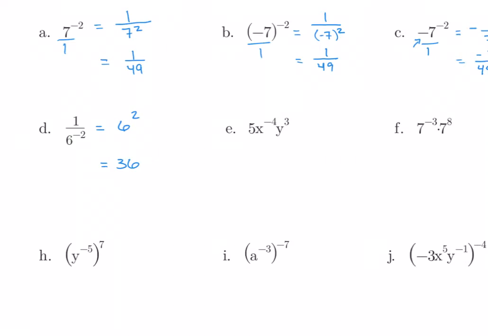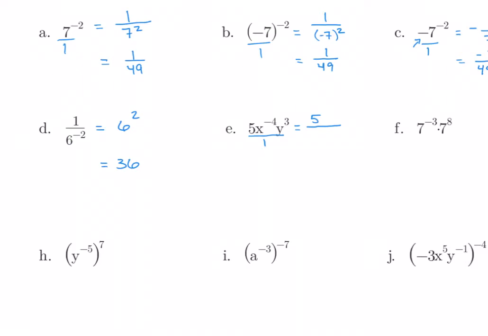All right, let's go ahead and look at example E. Again, anything we want to write with positive exponents. So anything with a negative exponent, we want to move it. So 5, does it have a positive exponent? Yes, it does. So I'm going to leave it where it is.